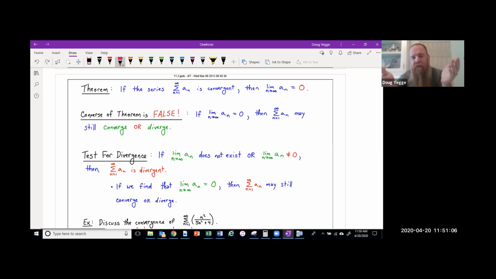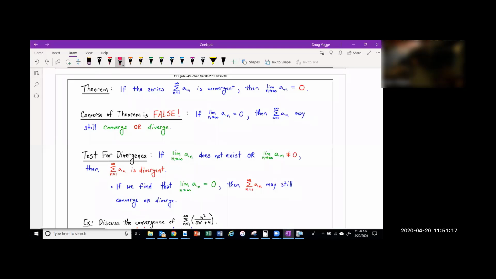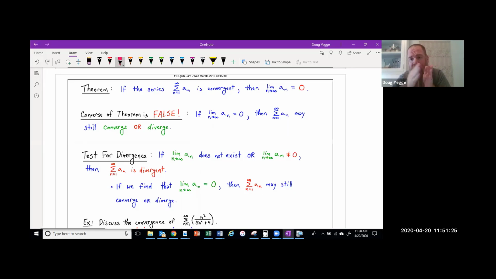Why is that? Why can't the sequence go to 1 and the series converge? Because if the sequence went to a non-zero number, then the series would keep going up. I would just keep adding numbers over and over and over. So eventually I would just keep adding a string of ones, which would go to infinity.